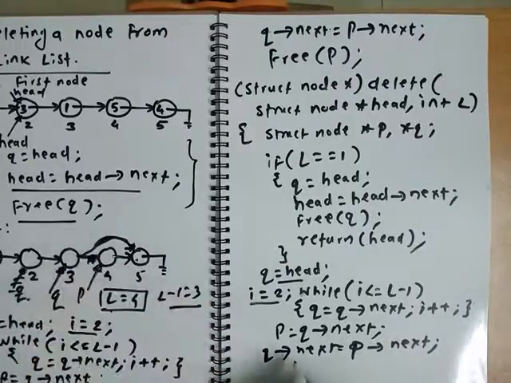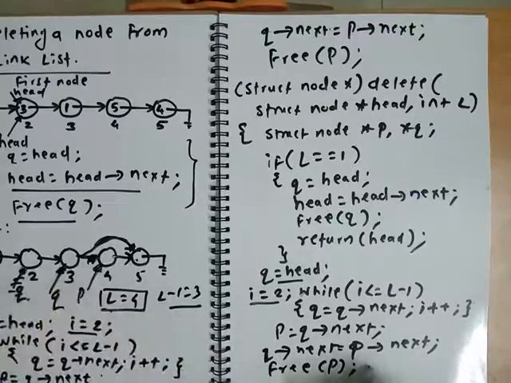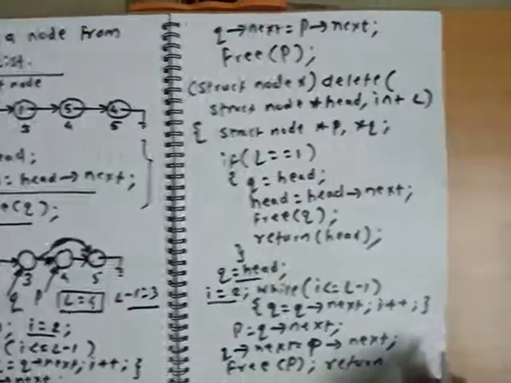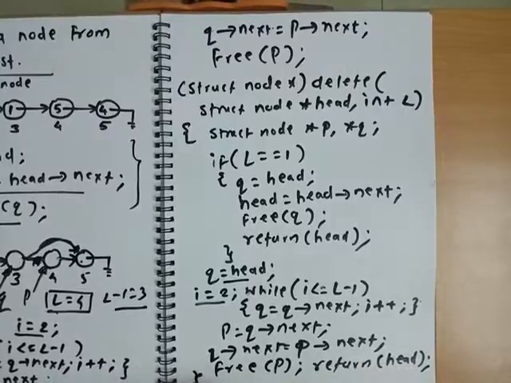And then you simply say free P, and then we have to return the address of the modified linked list in this case also. So address of the first node or head node is there inside head pointer. So that's it.